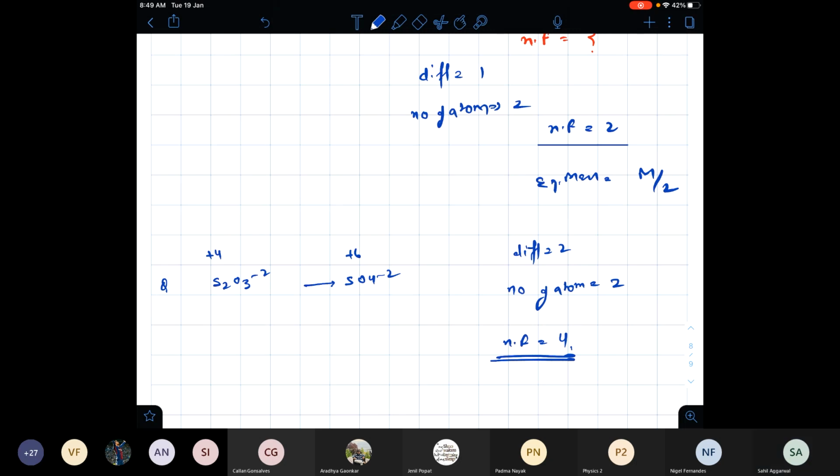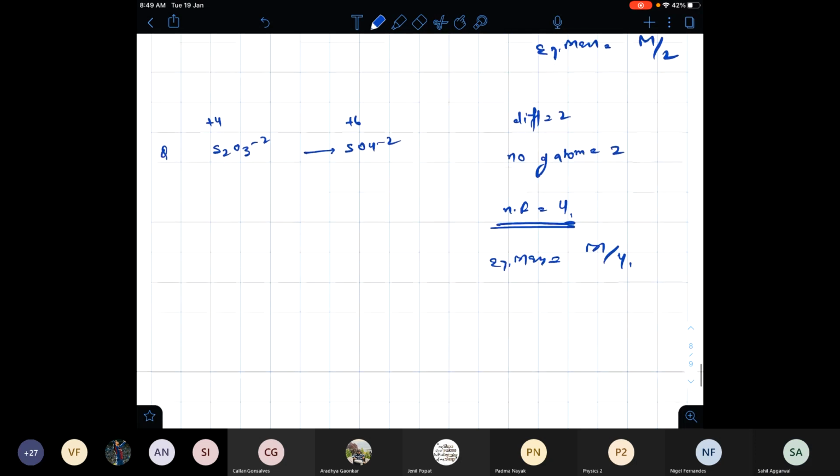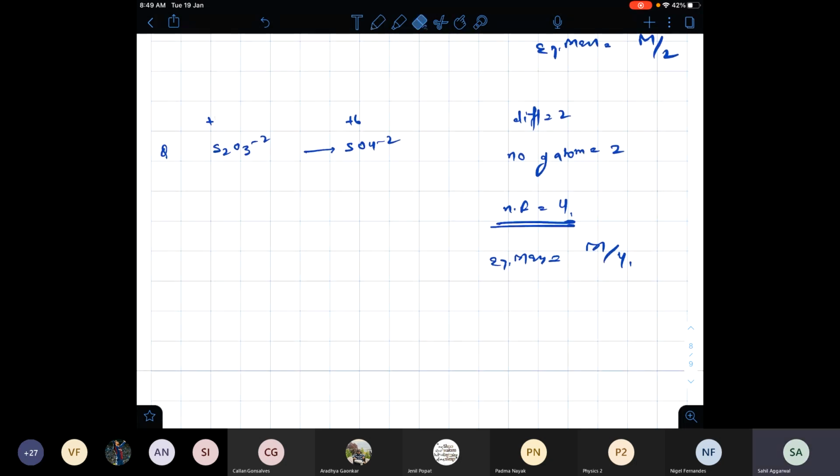Four. 4, Davis. Okay, this is coming out to be 6, 4, 2.